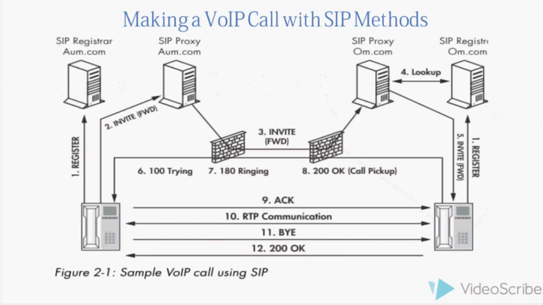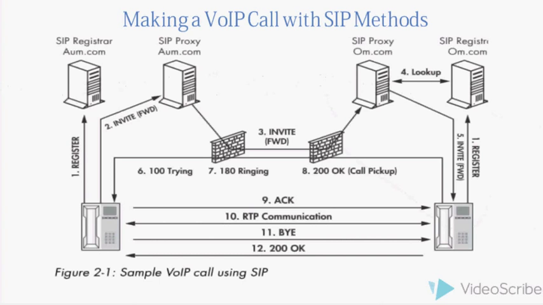So the invite request. Now Sonia wishes to make a phone call to Kazum. Sonia's user agent sends an invite request to the SIP proxy server, from Sonia@om.com to Kazum@om.com.